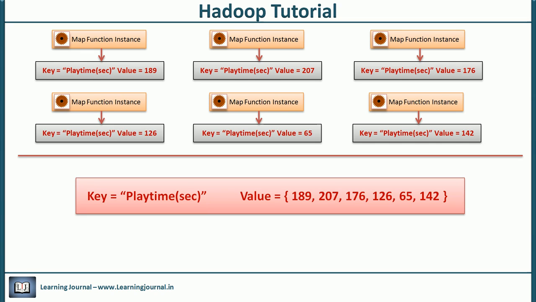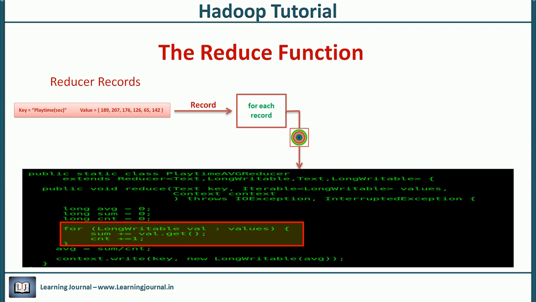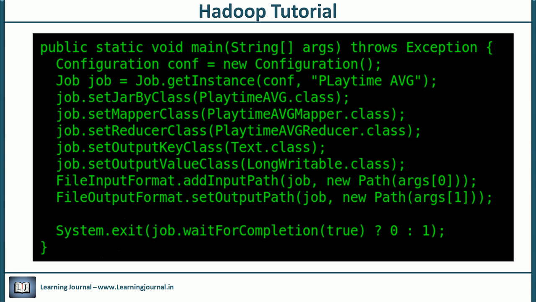That's it. The record for a reducer is ready. The framework will call the reducer and pass this row. Now, you can write a simple loop to sum these values and calculate average. Simple, isn't it?